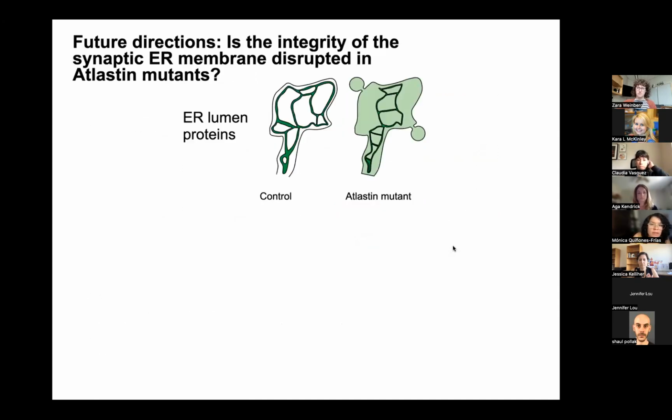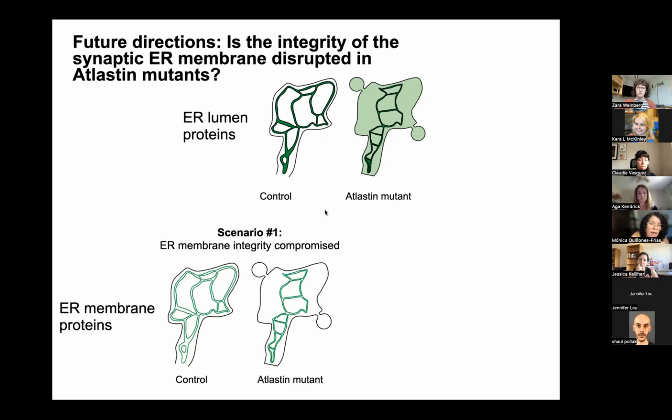And so my working model is that these ER luminal proteins might be leaking out of the ER because the integrity of the membrane of the ER in the mutant is compromised. And so to test this model, I'm planning to label the ER by expressing a GFP that is tagged with a transmembrane domain of an ER resident protein.